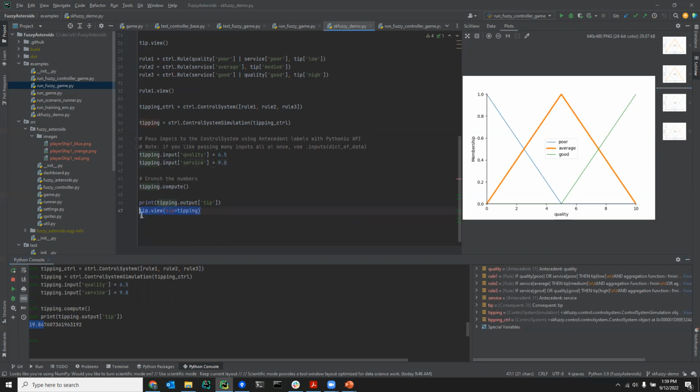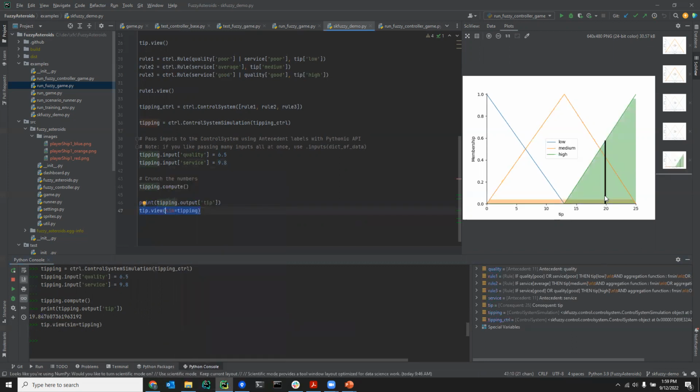We can also take a look at what that looks like in our FIS. So this, remember, is our aggregate that is formed by truncating our output membership function values. So our rules are determining where to truncate these output membership function values based on the input membership function values.